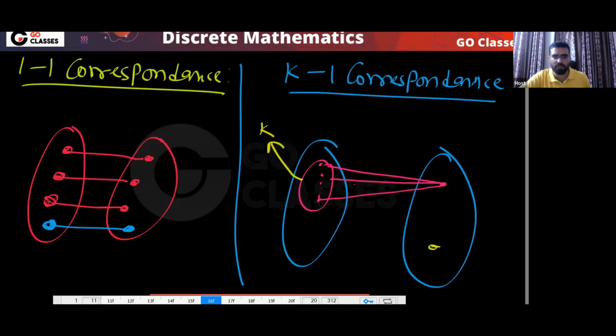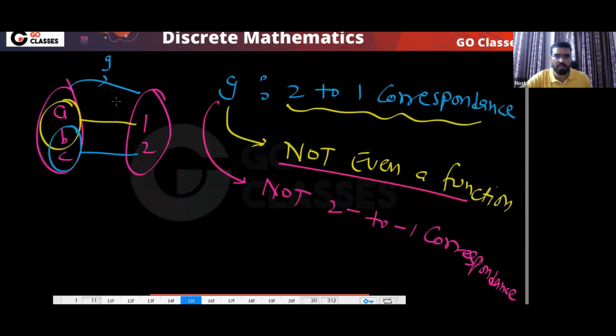Whatever element you take, every element is going to have something like this. So this is clear. Is this clear? Why is this G not a function?